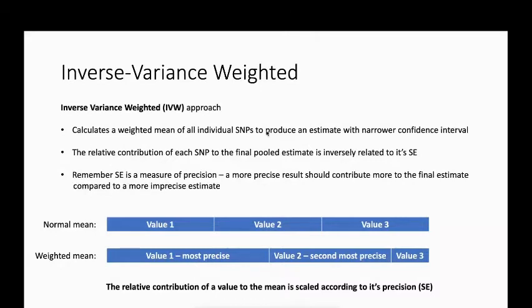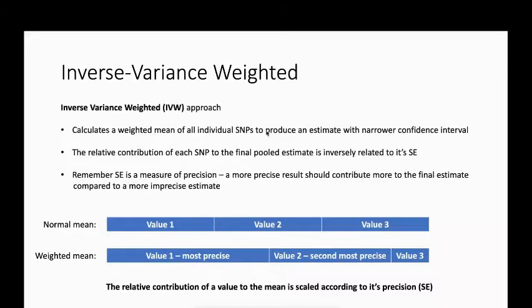For example, here on the diagram at the bottom, we can see that normally we don't weight means. We just add up the numbers and divide by the number of contributing variables. So they're not weighted. It doesn't matter whether one is imprecise and one is precise. We just calculate the average. However, for inverse variance weighting, we take into account how precise that value is according to its standard error, and we weigh them.